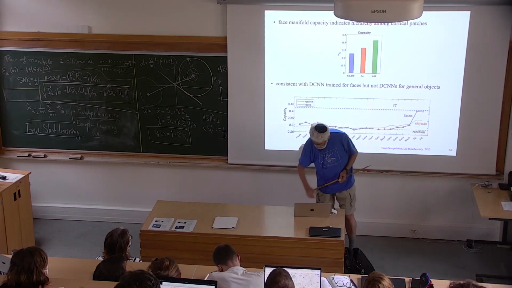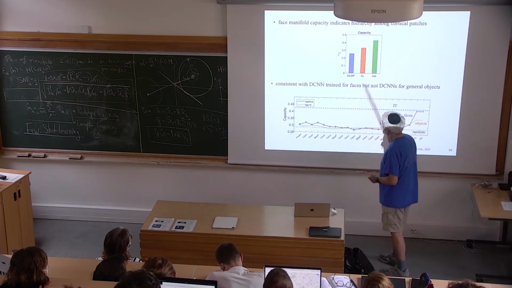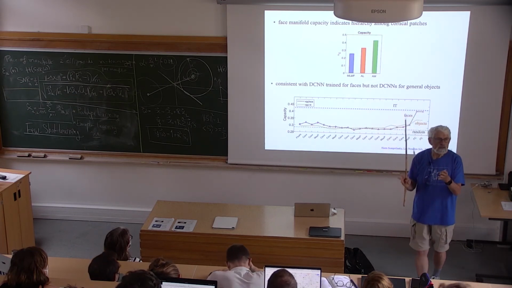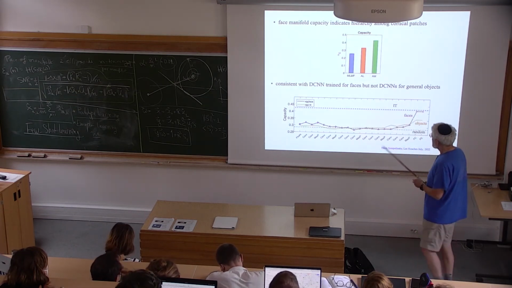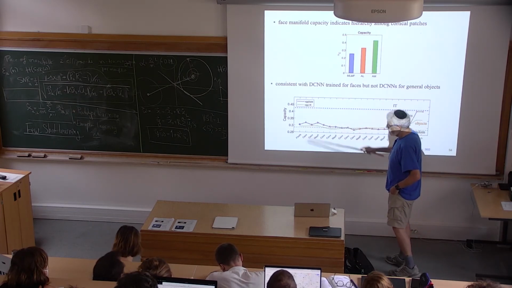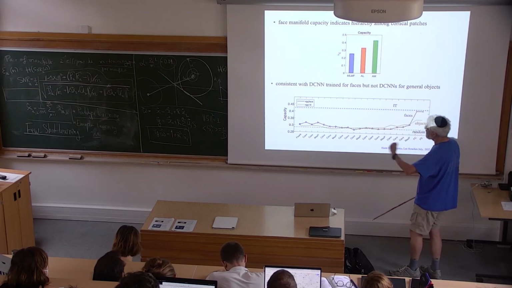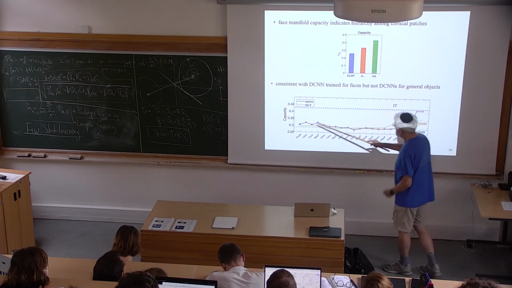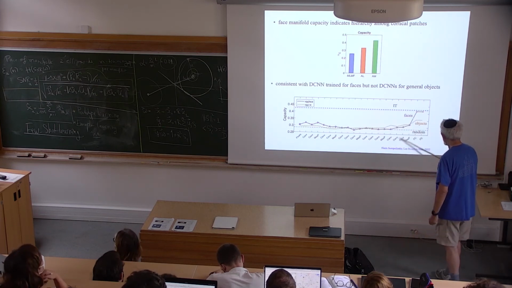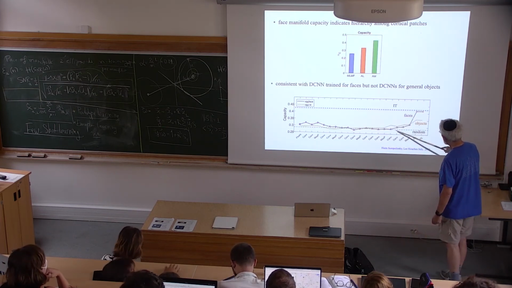Okay? So let's forget about this for the moment. Here's what we did. We took the same images of faces and passed them through VGG Face. This is a deep convolutional network, but specialized for faces. And this line here is capacity as a function of the layers, and in the feature layer there is an increase.